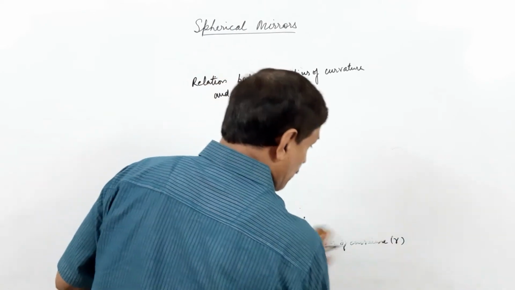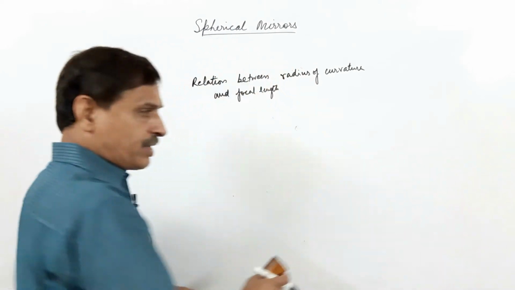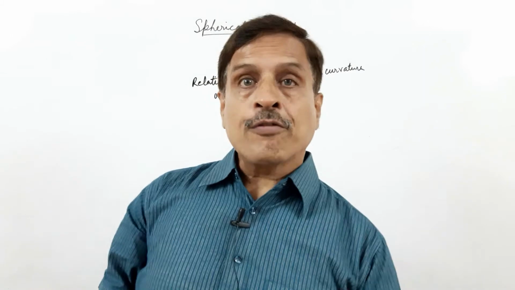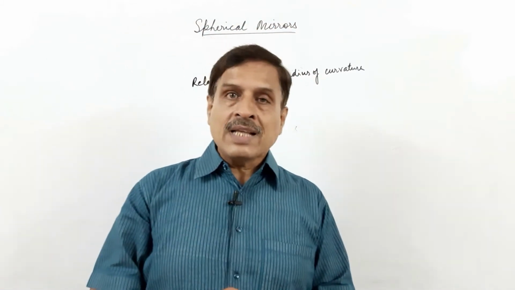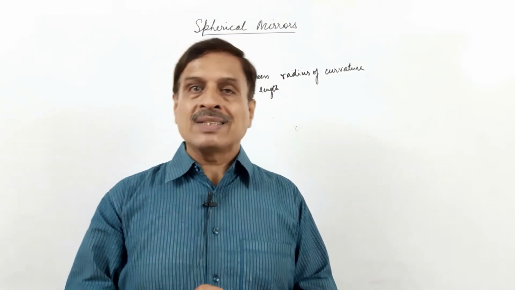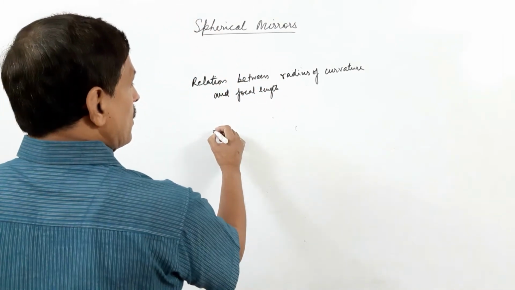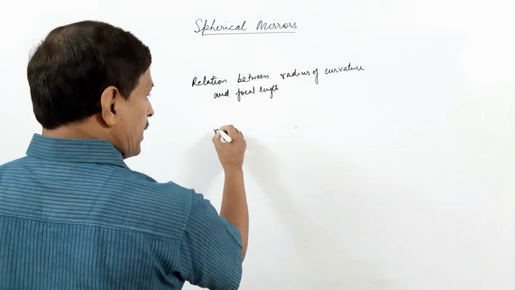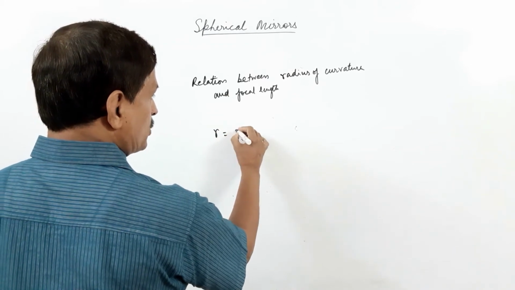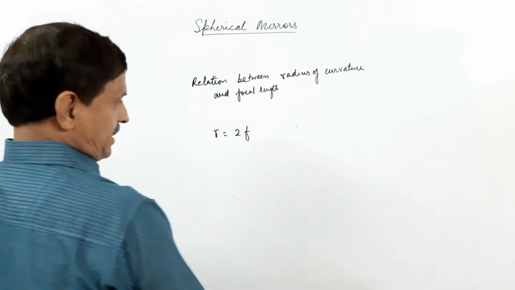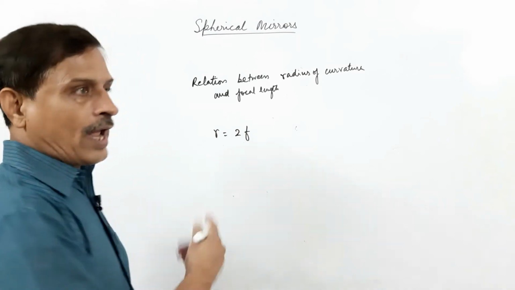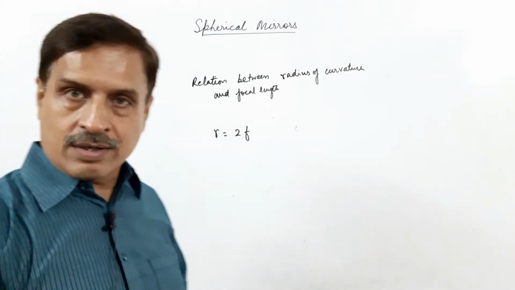The point of focus is the midpoint of the line segment joining the pole and center of curvature. Thus we can say the radius of curvature is twice the focal length, or f is half of R.